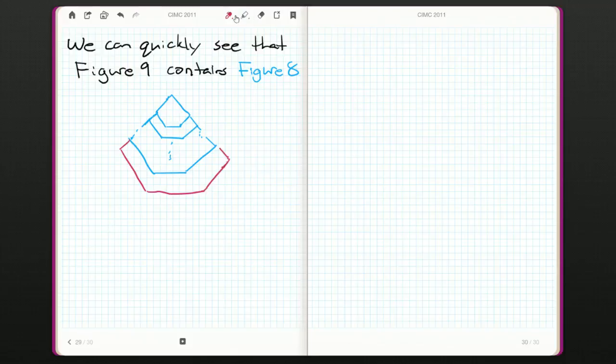So once again, we're asked to determine the ink length of this little red bit.